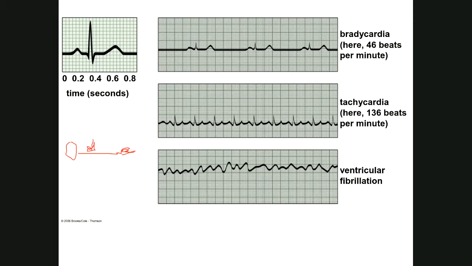And so if it's inside the chest, it's still going to do the exact same thing. It's monitoring the rhythm. And if this happens, it shocks the heart. And it hopefully depolarizes all the different parts of the heart at the exact same time. Did that answer your question?